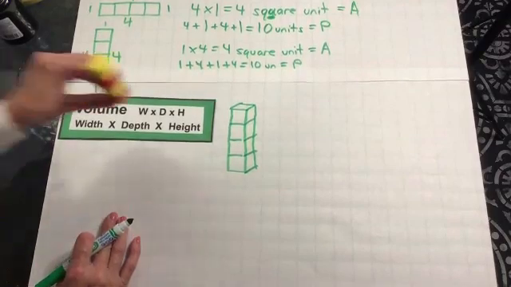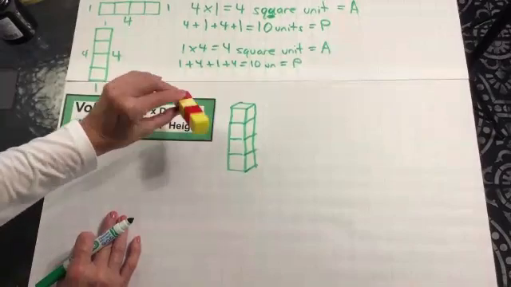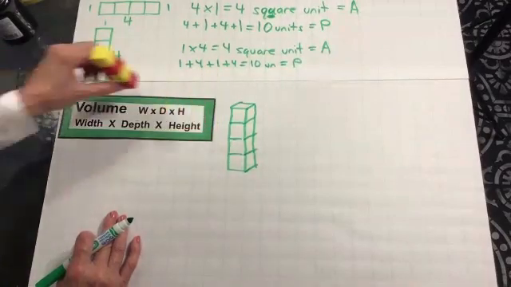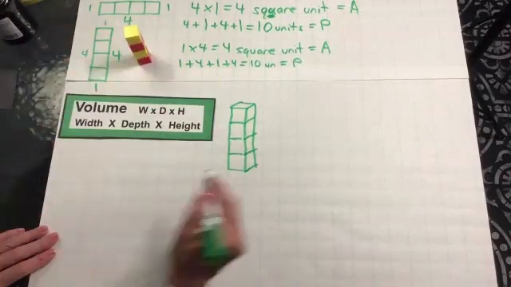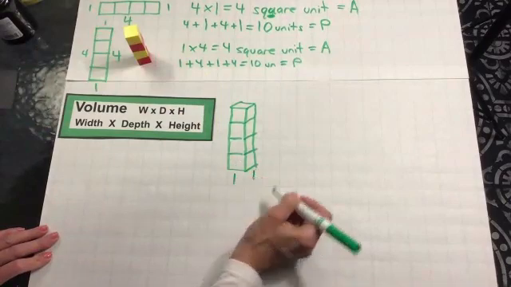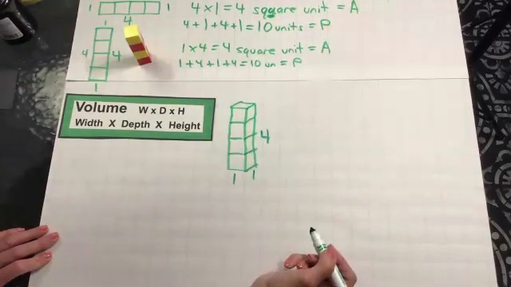So that means three-dimensional. So here's a rectangular prism of 4 cubes. All right, so this is a 1 width by 1 depth by 4 tall.